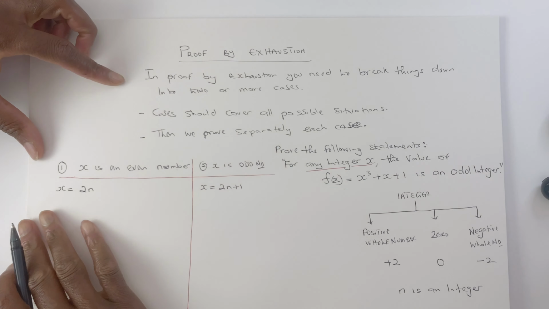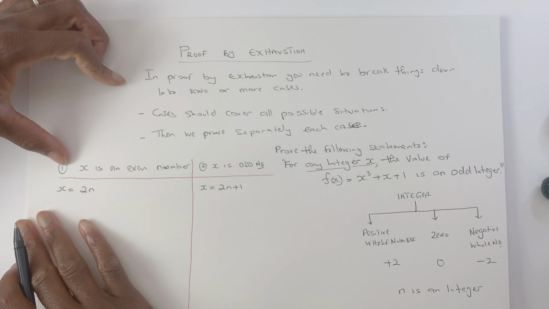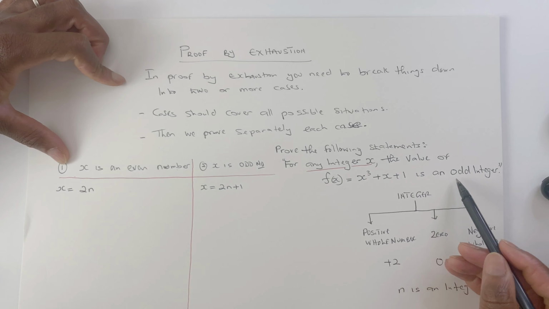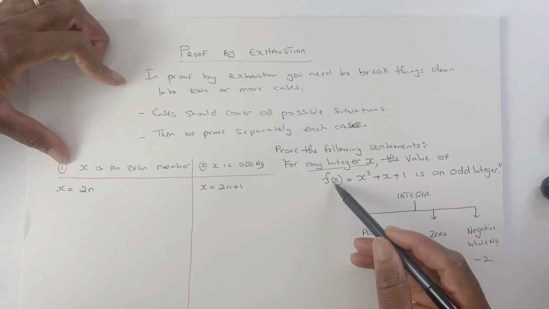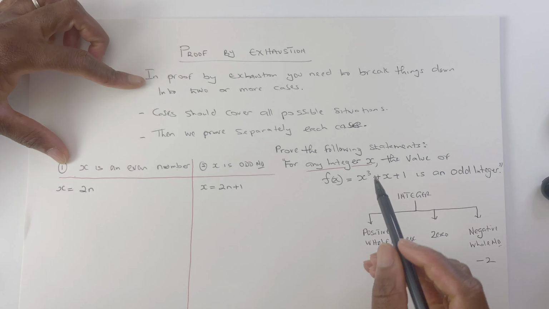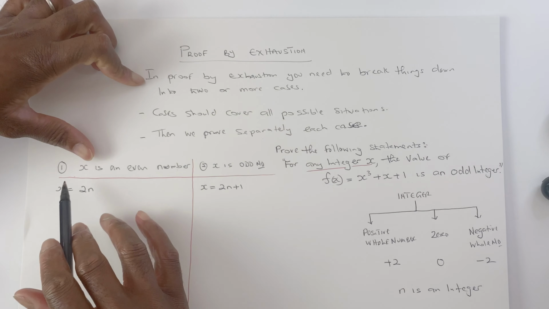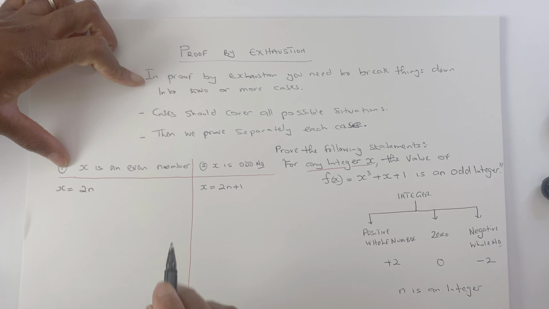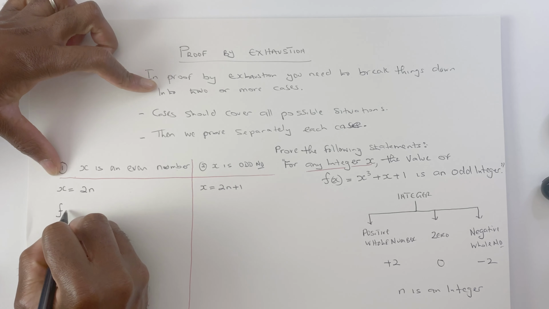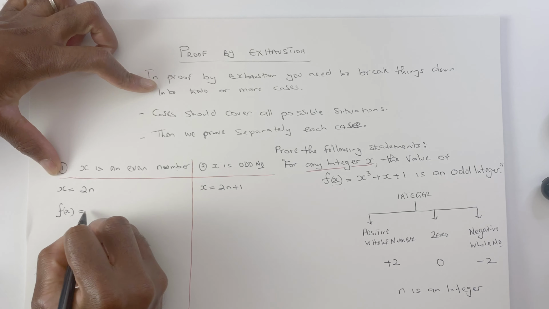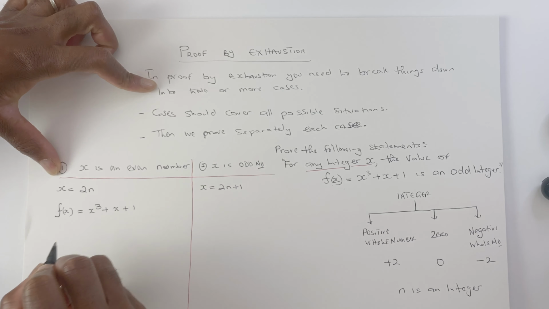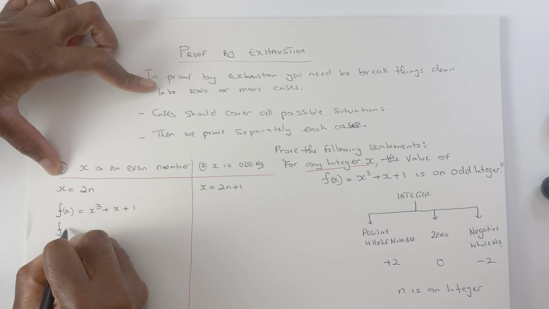I need to solve the first case because we're referring to the fact that f(x) will be an odd integer for any integer x. So we have to look at even x and odd x. We have to replace x in f(x), which is x cubed plus x plus 1, with 2n.